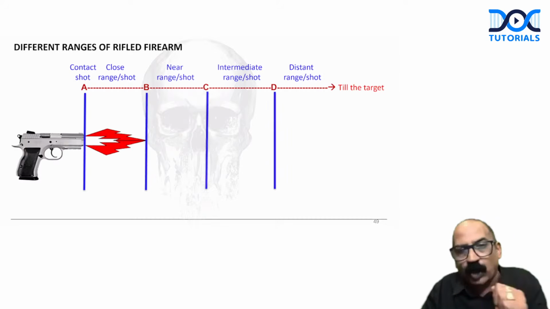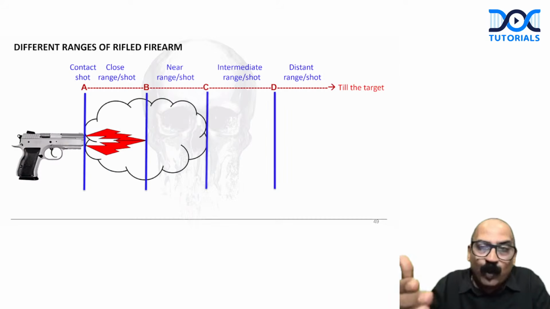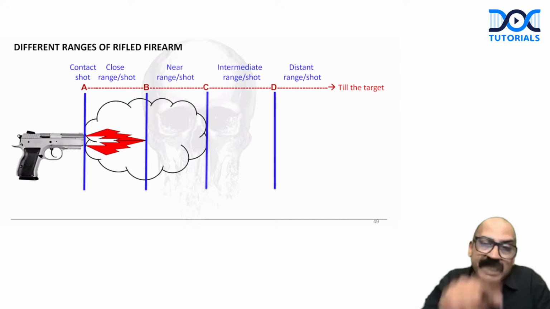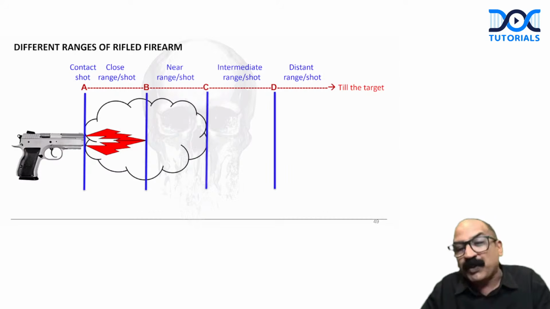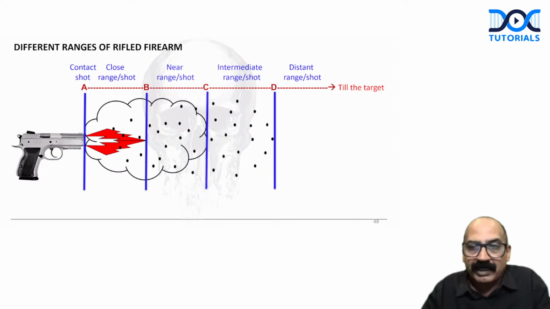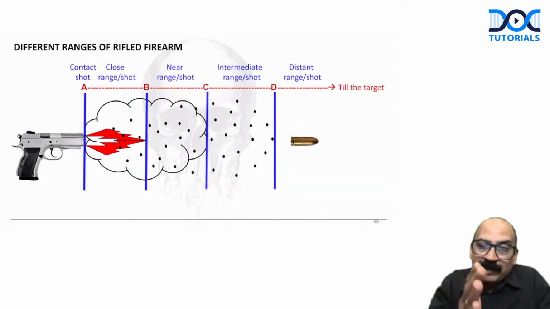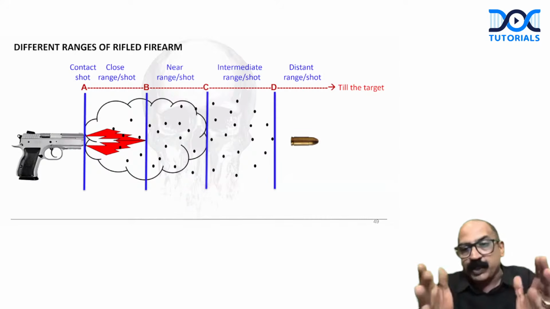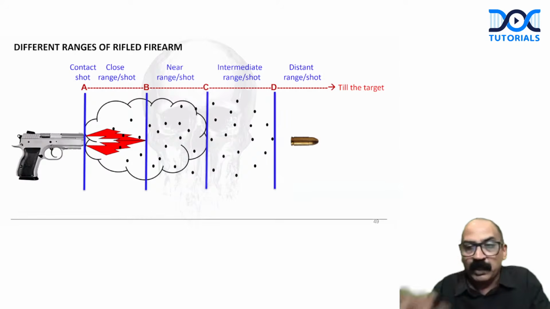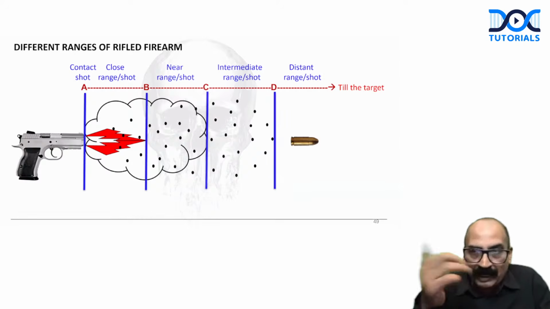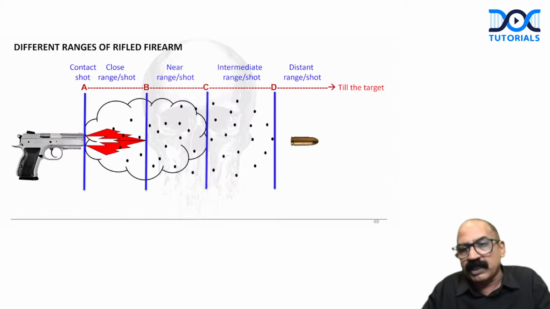Near range or near shot means the target is beyond the reach of the flame, but within the reach of the smoke and soot. Intermediate range means the target is beyond the reach of the smoke and soot, but within the reach of powder particles. And distant range means the victim is away from the reach of all the products of firing except the projectile.